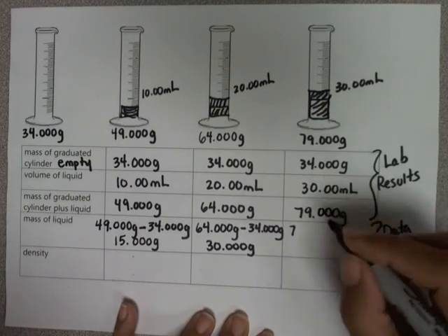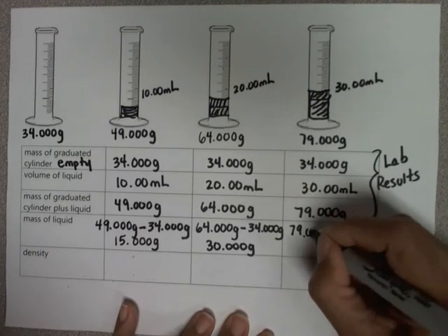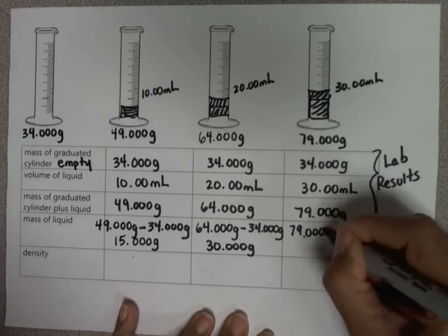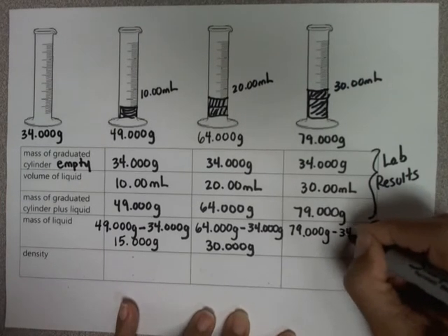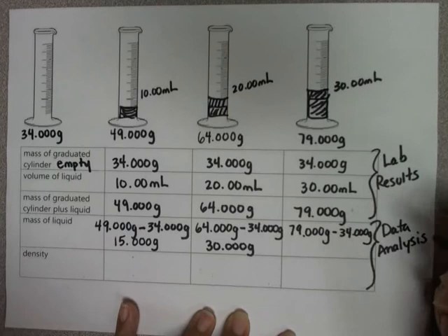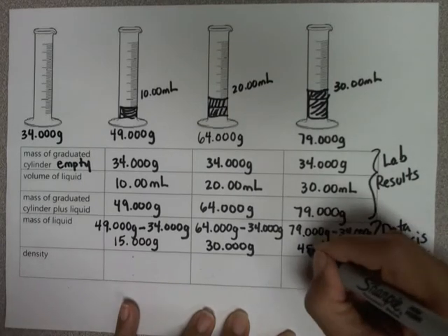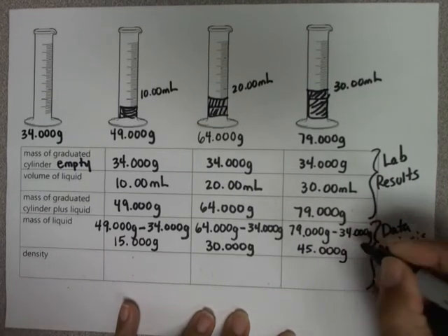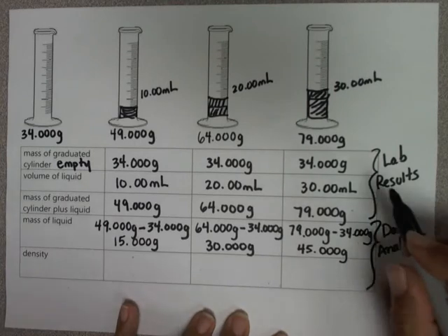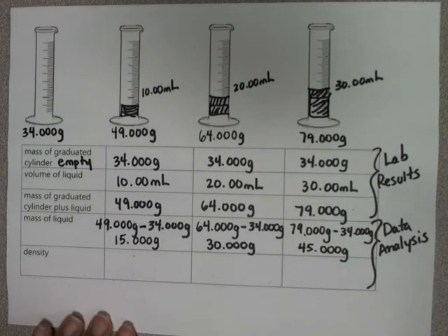And then for 30 milliliters, 79 grams minus 34 is 45 grams. 45 grams is the mass of 30 milliliters of liquid.